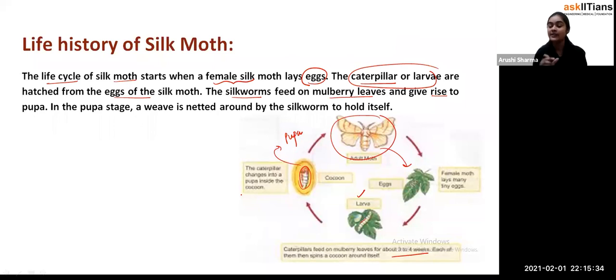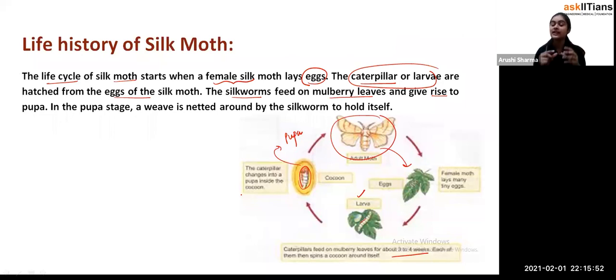This is the natural process, but when we are doing sericulture, what happens is that when the silk moth is about to come out, they destroy that net-like structure which has the thread of the silk.